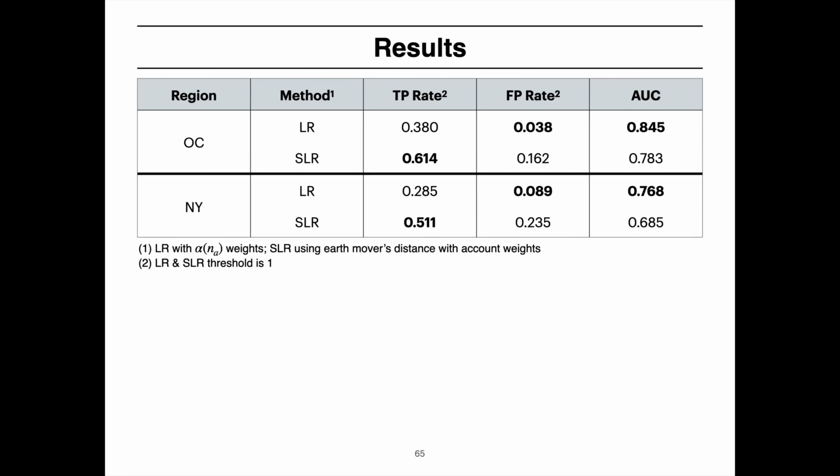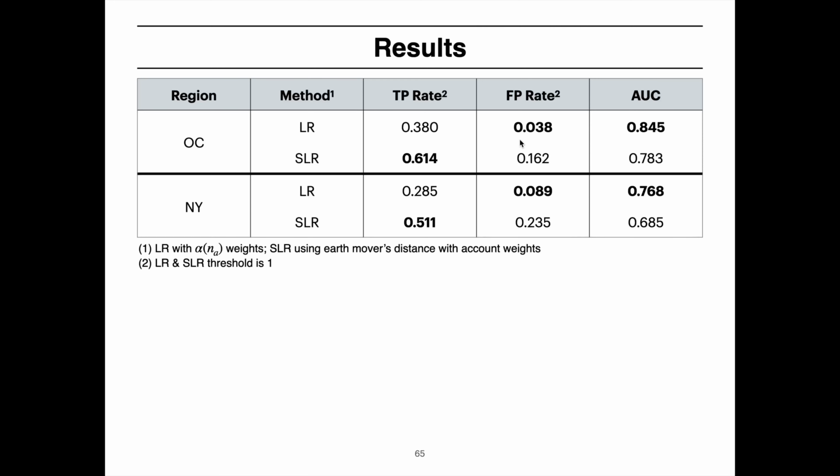Here I'm just going to show a selection of results from the paper, both for the likelihood ratio method that was presented today, and for one of the score-based likelihood ratio methods we investigated as well, that we did not have time to discuss. Basically, what you see here is that the likelihood ratio has a very low false positive rate. So not very often do we make a mistake saying that two event series were generated by the same person when in fact they weren't.